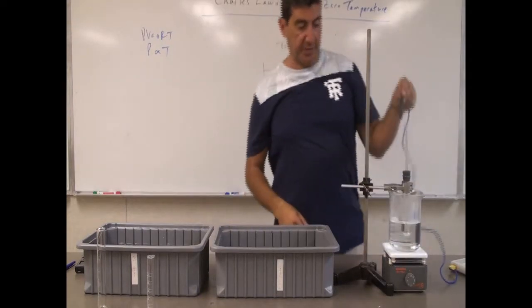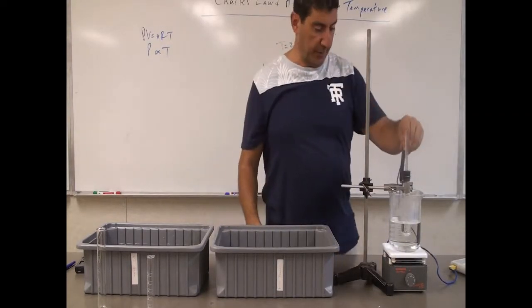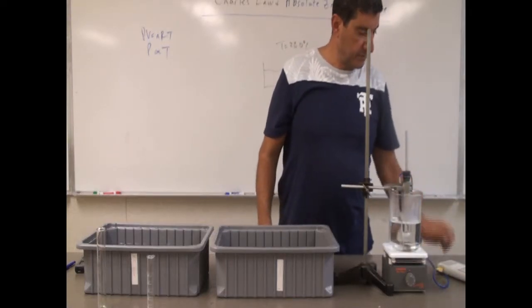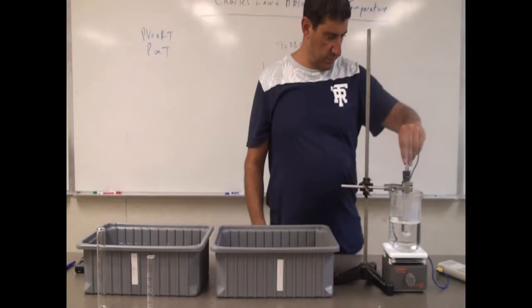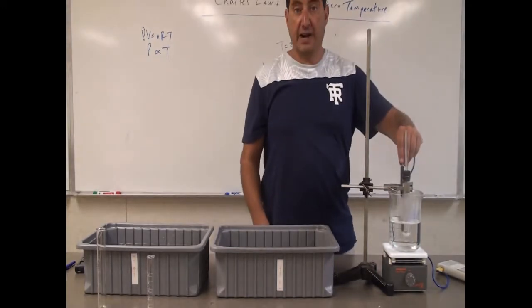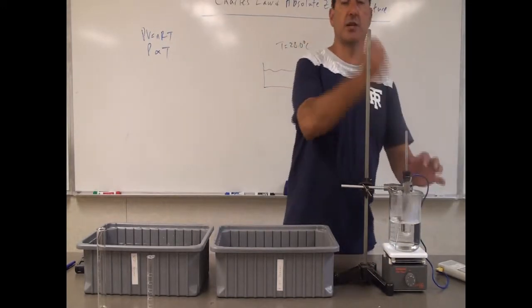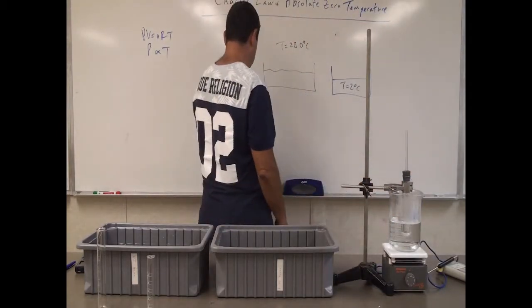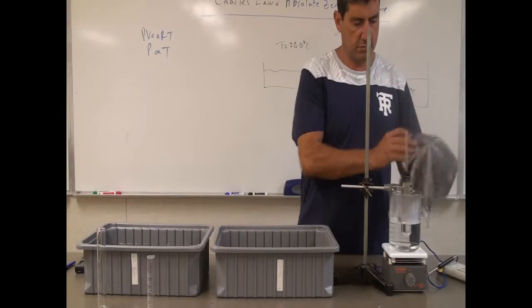Okay, now the water is at the boiling temperature. I'm going to measure its temperature right here. Okay, 97.5. At this point, I'm going to take the test tube out. 97.5 was the temperature of the water.